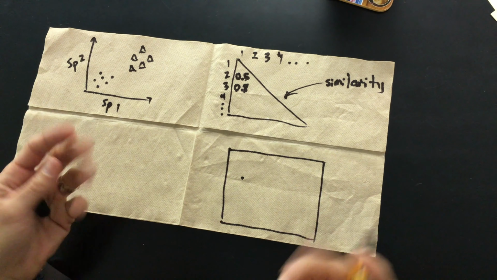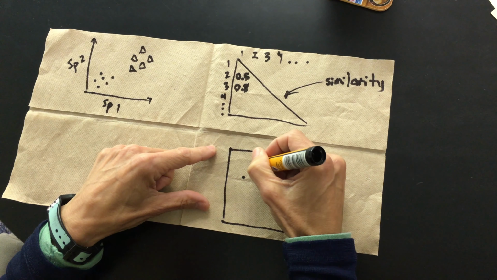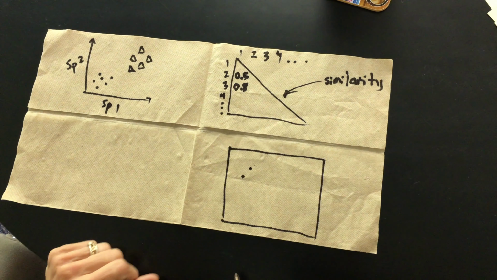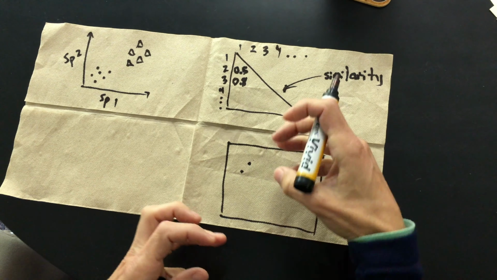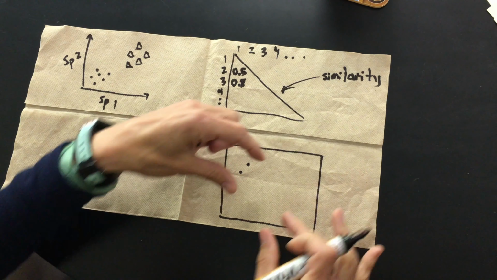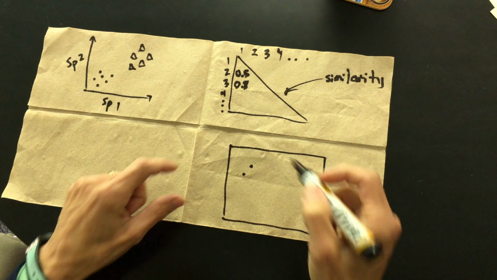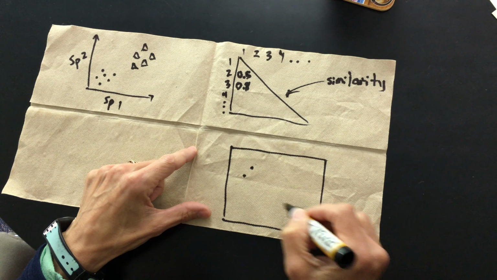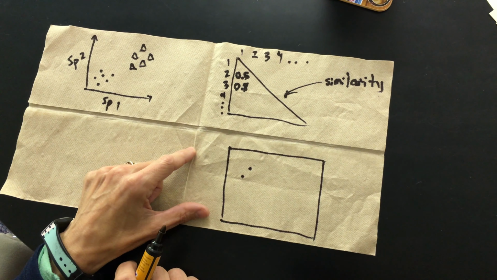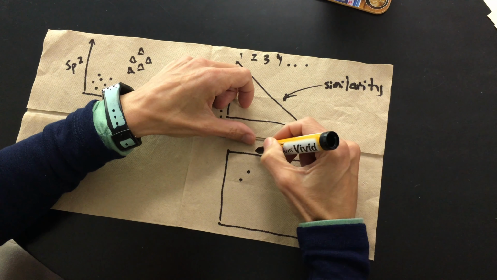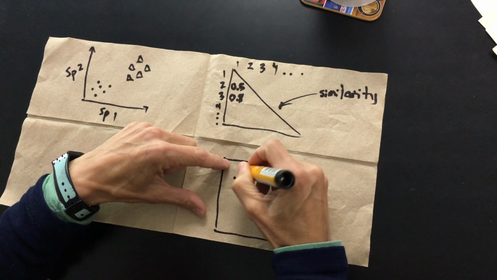Maybe they share 85% of their species or something. So I can put that on the map, and so on. And I can keep on adding points and adjusting their positions relative to one another so that the distances they are on this map reflect their similarities. And that's called a multidimensional scaling plot.